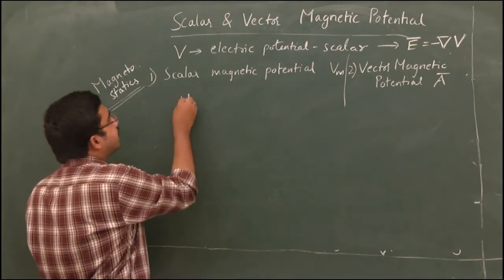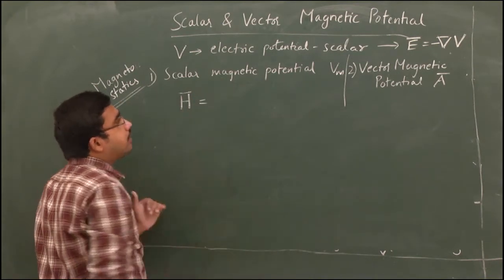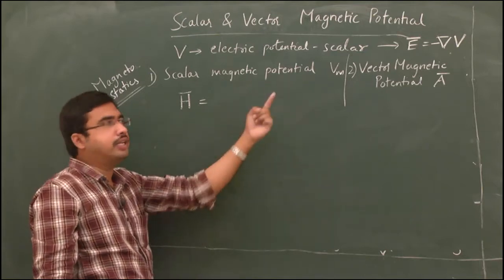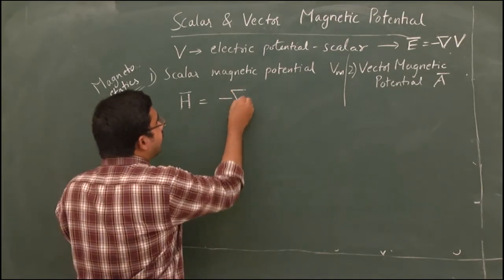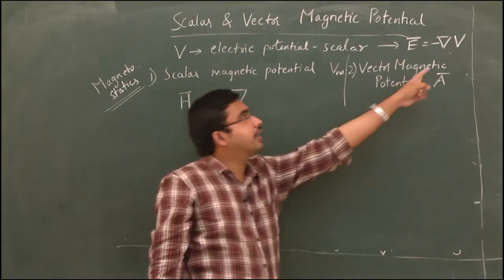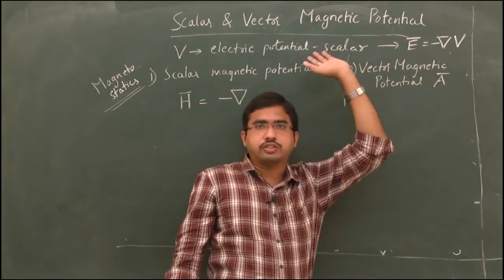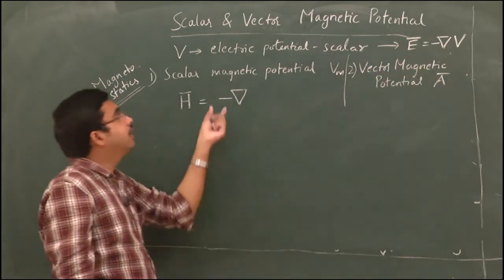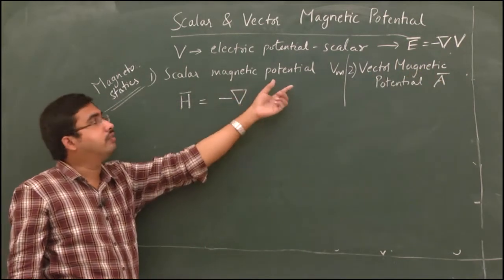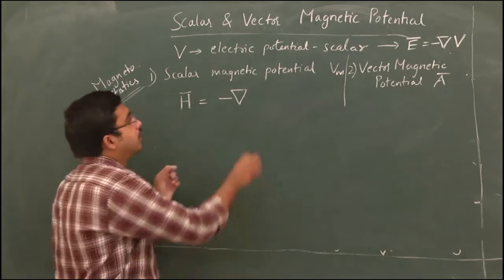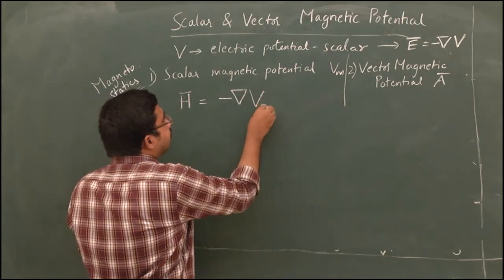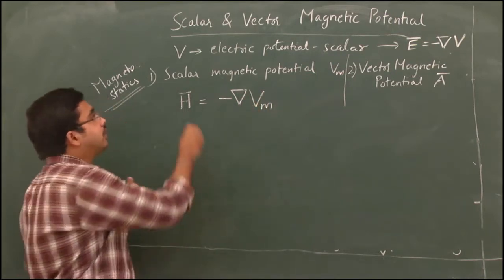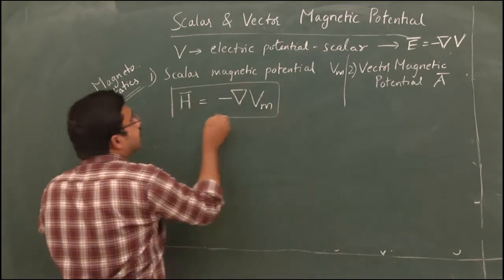So H bar is equal to, comparing the same equation, minus del of the scalar potential. In electrostatics, the scalar potential is V, but here the scalar magnetic potential we have taken as Vm. So H equal to minus del Vm. This relation is very important.